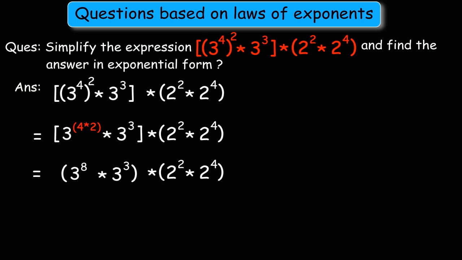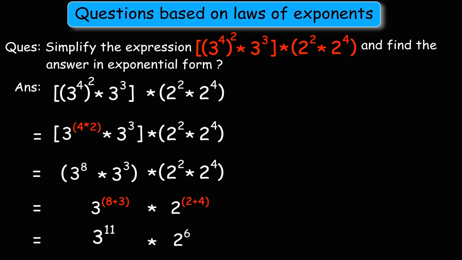So this has the exact same base of 3. Therefore, we can just add the exponents 8 and 3 to get 3 to the power of 11, and that is further multiplied with 2 to the power of 2 and 2 to the power of 4. So here the two 2's have the same base. Therefore, we can add the exponents of the 2, and then we get 2 to the power of 6.